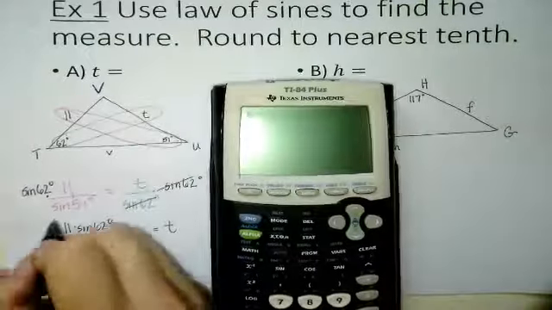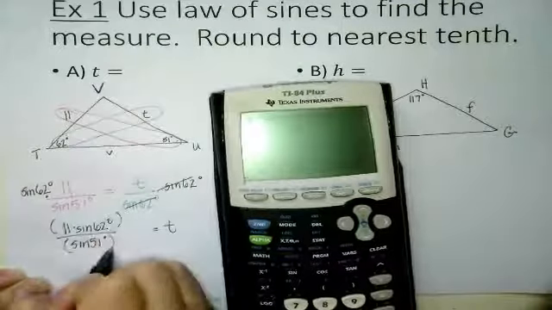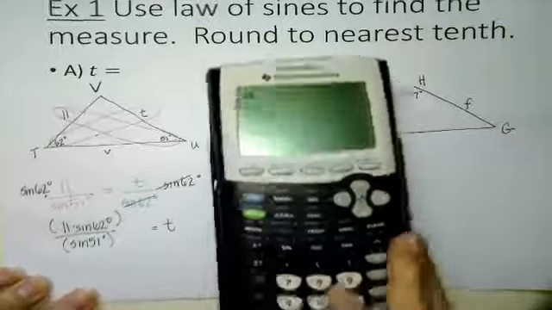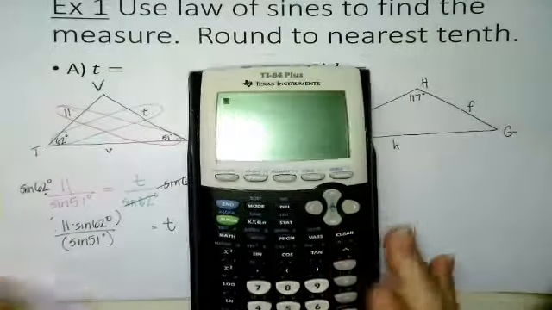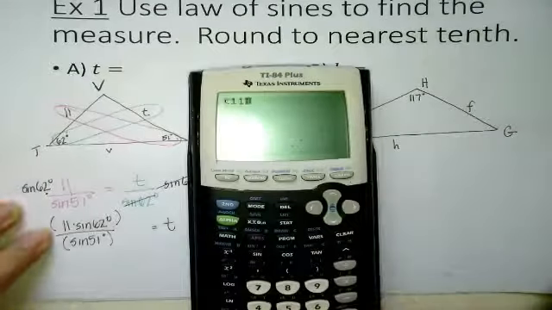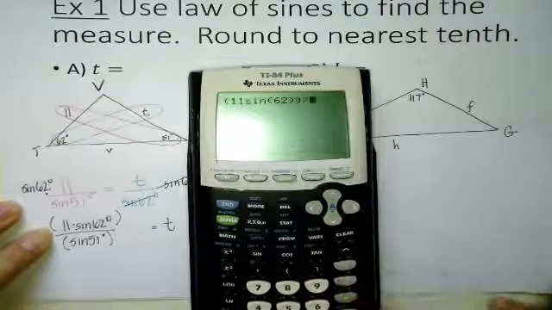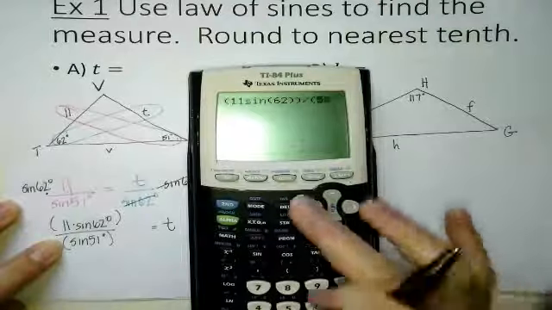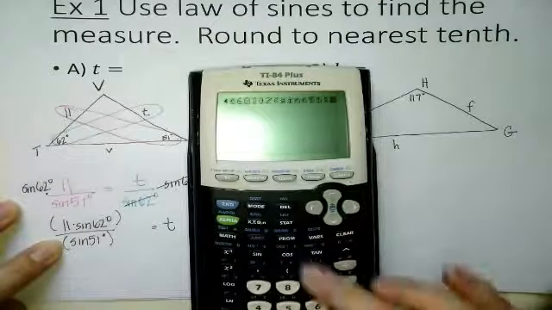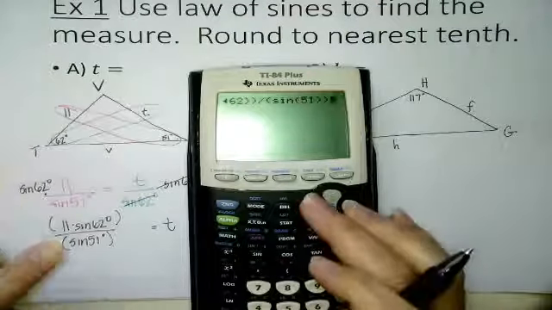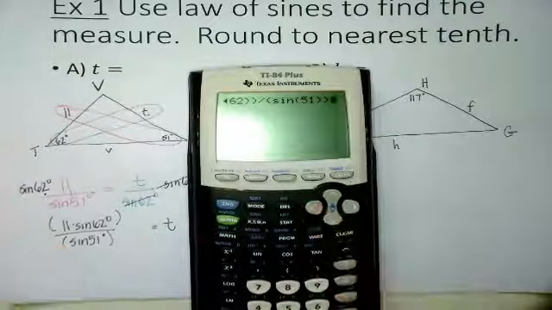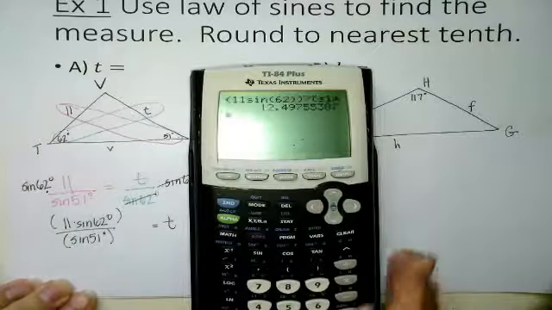I will say it's a good idea to put parentheses around the numerator and parentheses around the denominator. I'm going to do that just for safety's sake. And again, absolutely no rounding until you're done. You can see I put lots of parentheses, so I'm sure to get it correct.